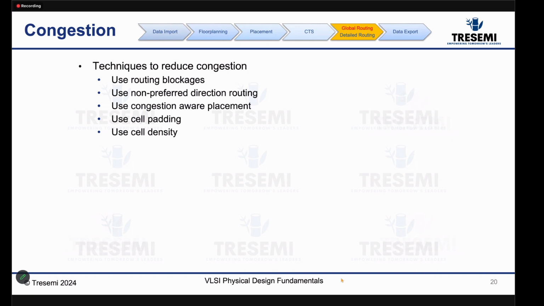Miss some routing blockages? Could we do placement blockages? We can do cell padding, those other things, right? So that you don't have to go all the way back and increase the die size. That's the last thing you want to do, right?